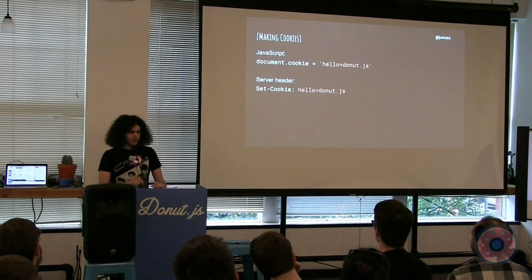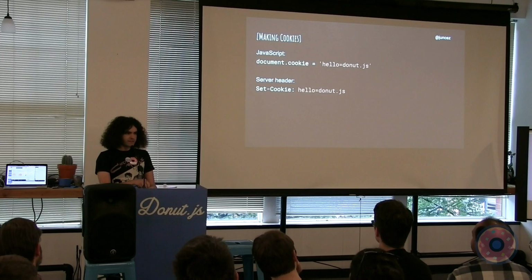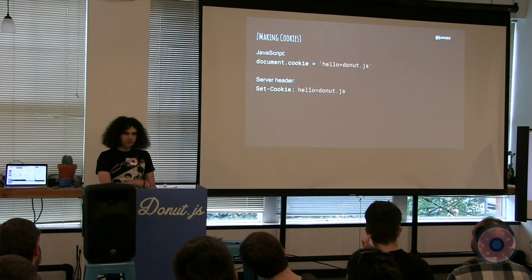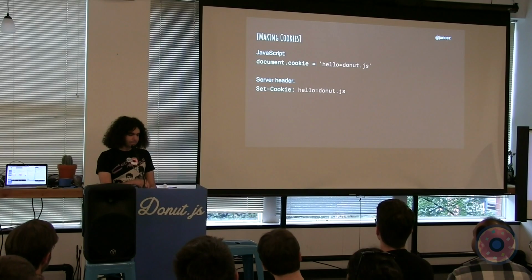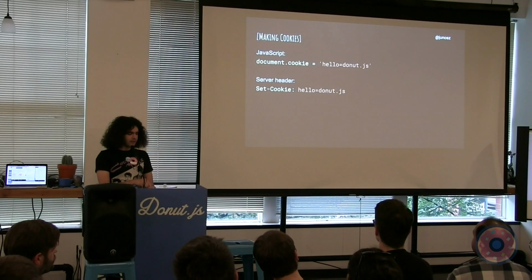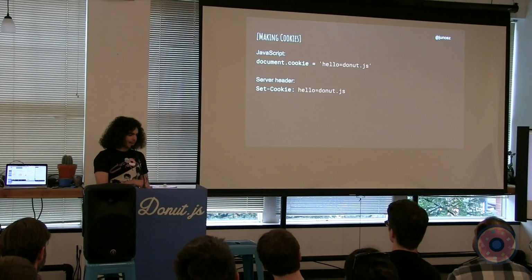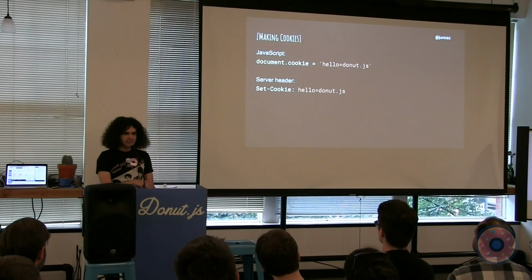So how can we make a cookie? A lot of times it's hidden from us by frameworks or libraries, but it's actually pretty simple if you've done it. In JavaScript on a web page, you could just do document.cookie and set a key value pair. And from a server, we can add an HTTP header of Set-Cookie with the same key value pair.